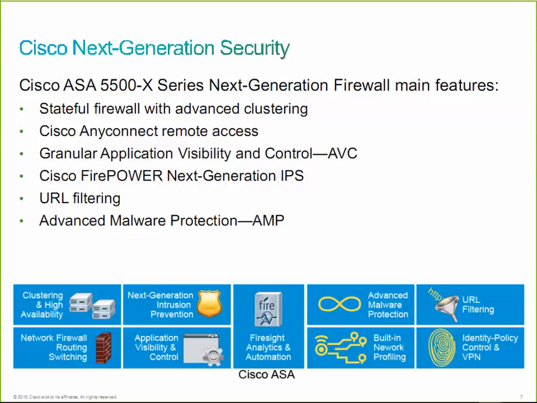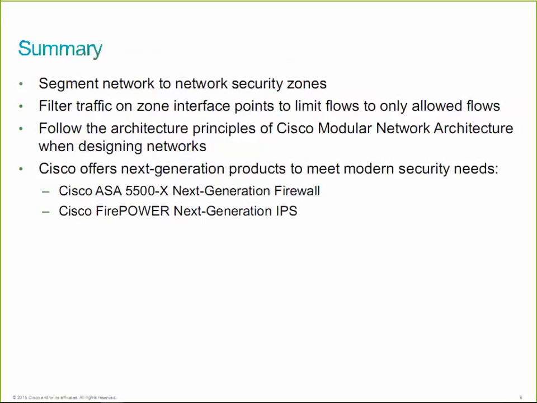So in this lesson, we talked about how we segment the network into different zones, how we apply zones, zone interface pairs, and we filter traffic on these interface points to limit the flows based on what we want to allow or disallow.